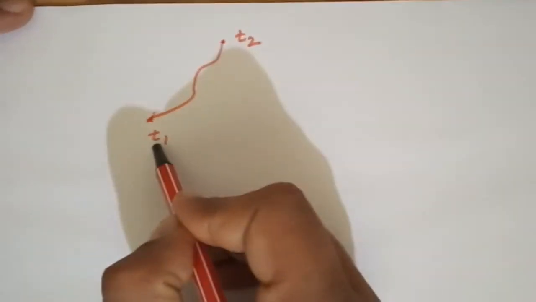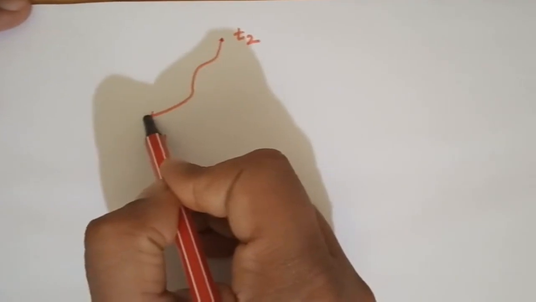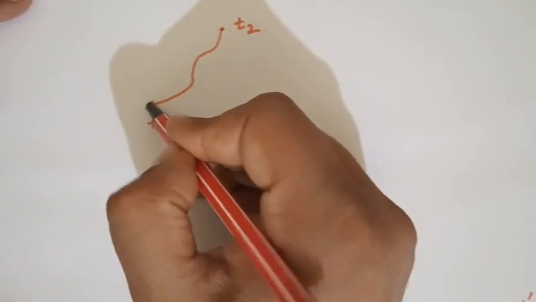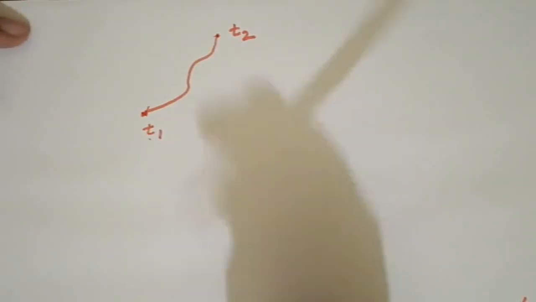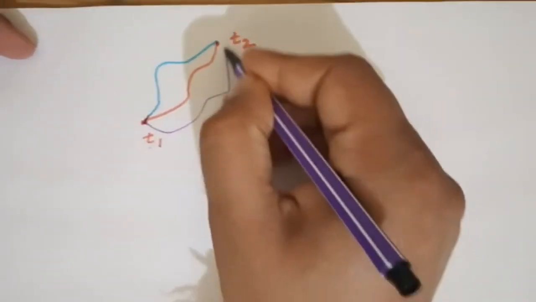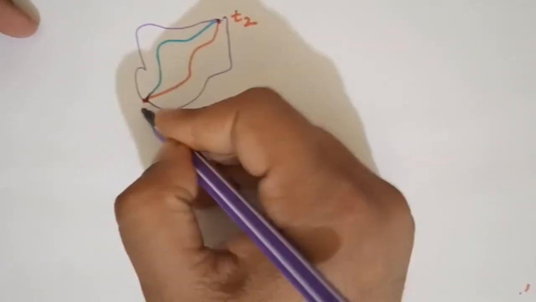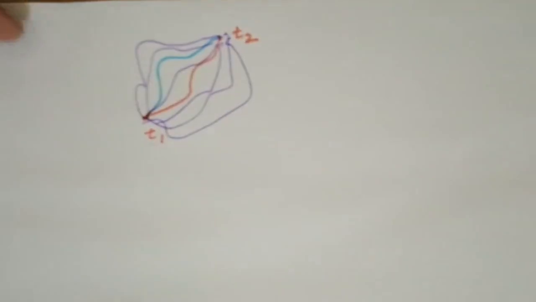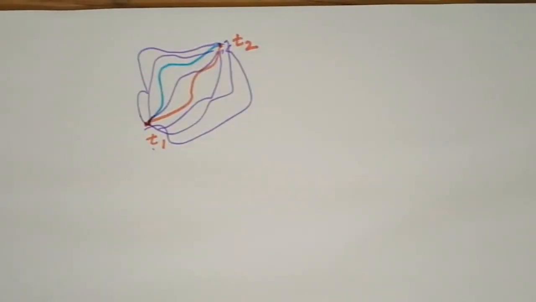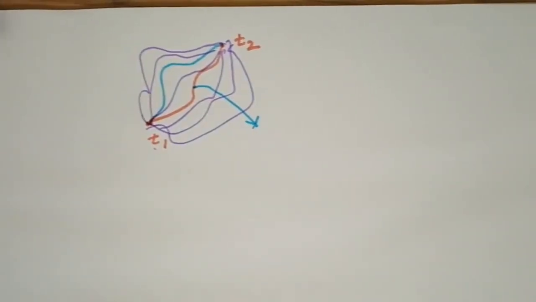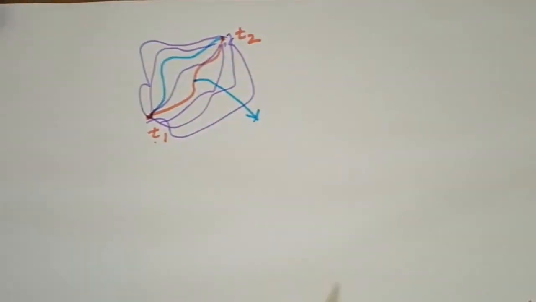At t1 the particle is here, at t2 the particle is here. It could follow any of the paths which join these two points t1 and t2. There could be infinitely many possible paths which could be followed, but it takes this specific path when it evolves from time t1 to t2.